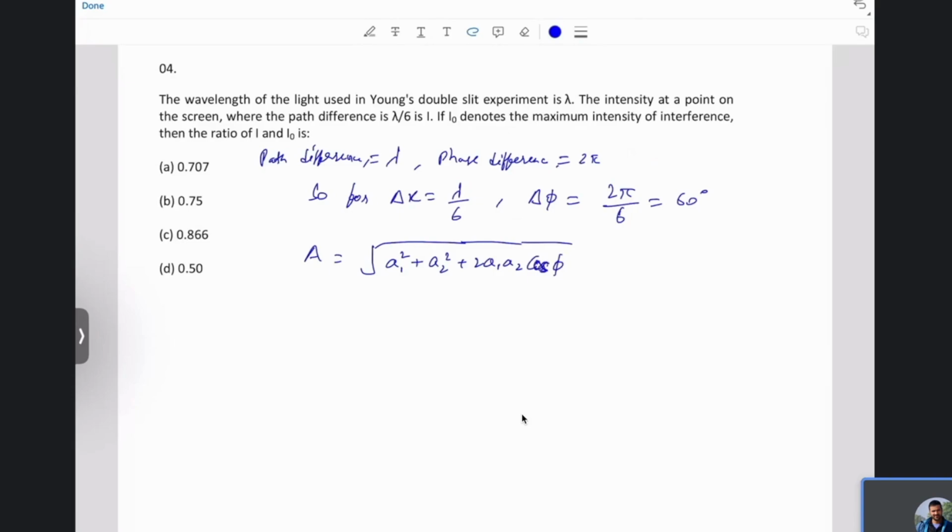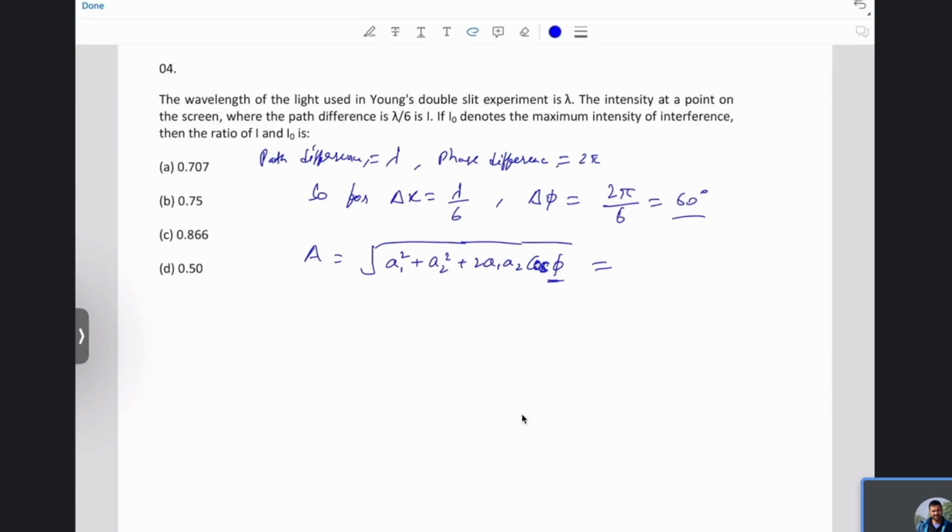For two waves, this is the resultant amplitude formula. Since this phi is 60 degrees, this is the phase difference essentially.